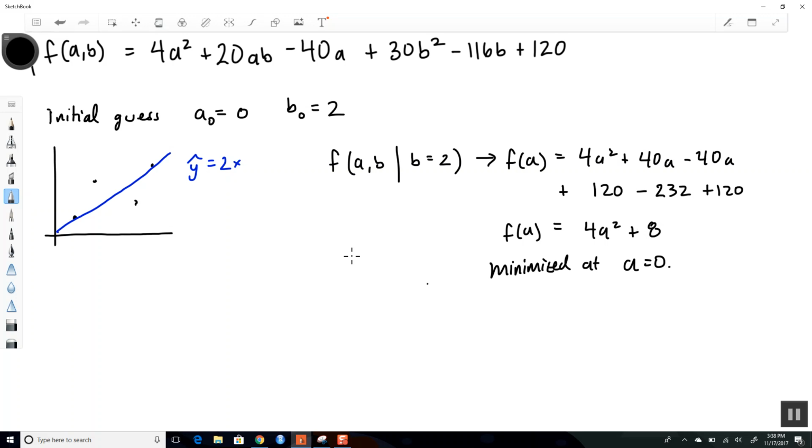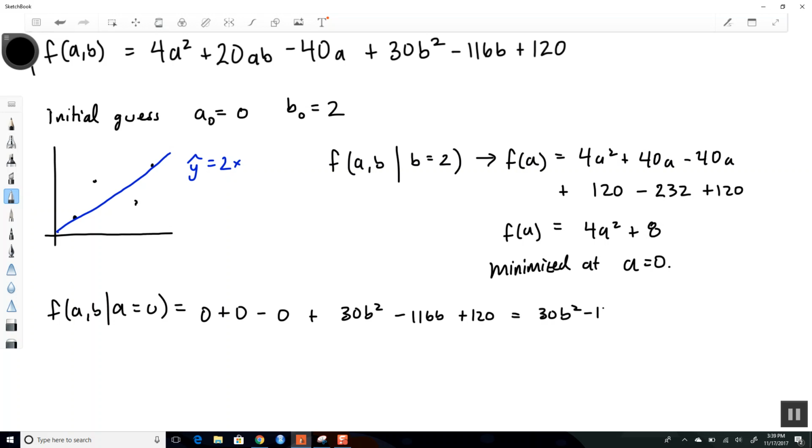So then, once we have that, we will take our function of a and b, and we'll plug in a equal to 0. And so this becomes 0 plus 0 minus 0 plus 30b squared minus 116b plus 120.